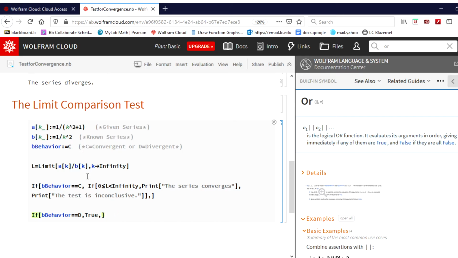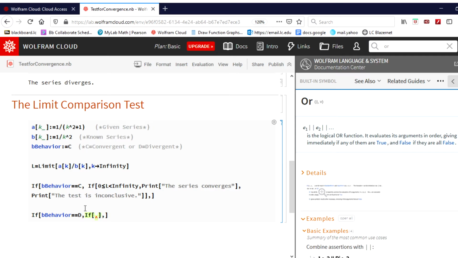In fact, as soon as we set this to D, it's going to automatically force itself into this if statement. And once forced into this if statement, because that D is true, it's going to then force it into this if result, right? So this is a way of just embedding some if statements.